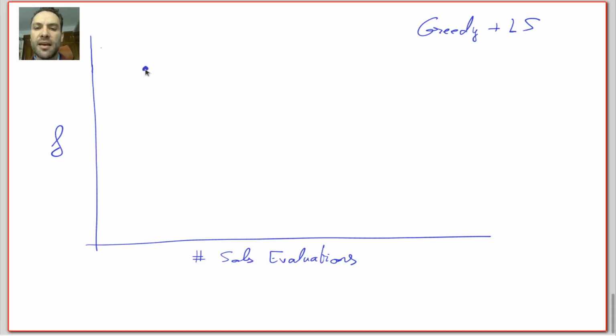So at the beginning it produces this solution, which is, well, not too bad, not too good. This solution can be improved with the local search, and the local search might end up in this local optimum.